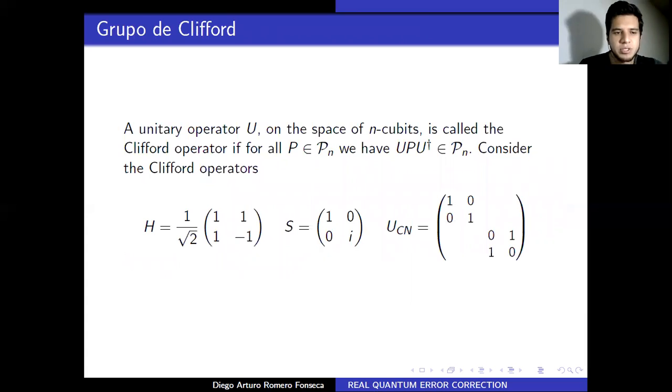To construct correctable subspaces, we will first study the symplectic transformations. Going ahead a little bit, these symplectic transformations will be induced by a Clifford operator. And what is a Clifford operator? A Clifford operator is a unitary operator that, acting in the following way on the Pauli group, results again in the Pauli group.